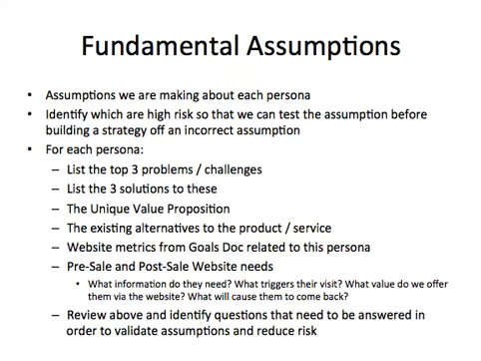So before they go and buy your product, and then after they buy your product, what would they need on your website? What information do they need? What triggers their visit? What value do we need to offer them on the website? And what will cause them to come back?